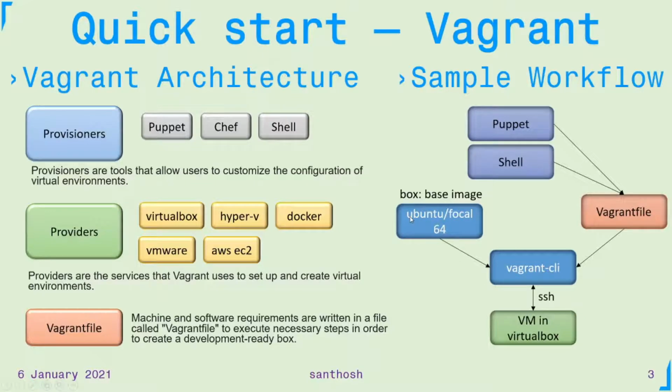As you see here, we'll be using VirtualBox as our backend. And here you see this base image, which is called a box in Vagrant. This will be downloaded from the cloud, and in the base image we'll be performing some actions using shell and Puppet.